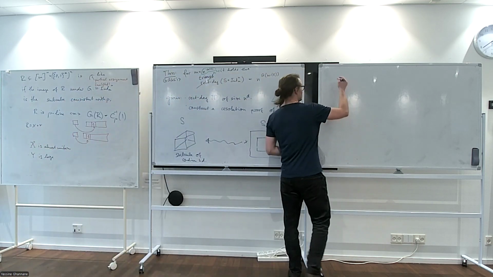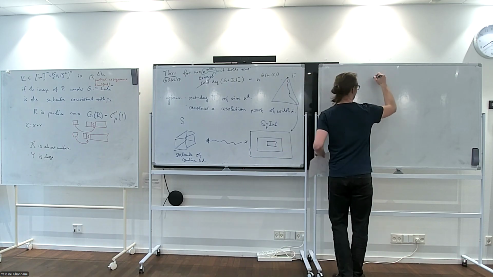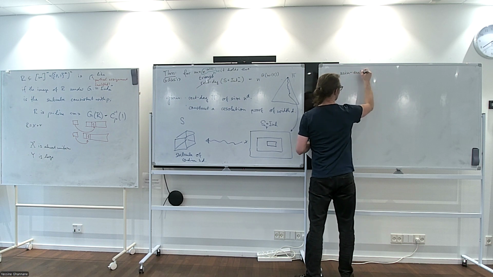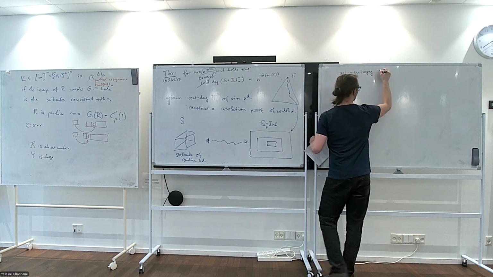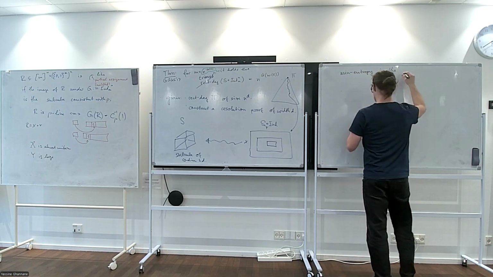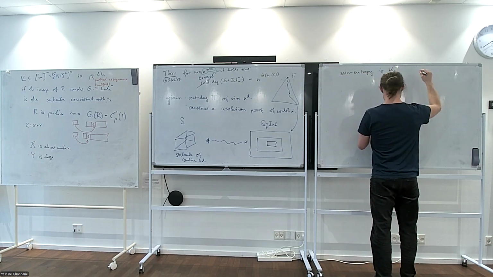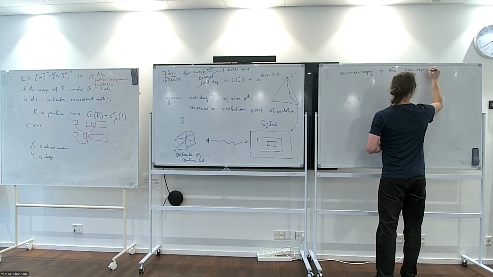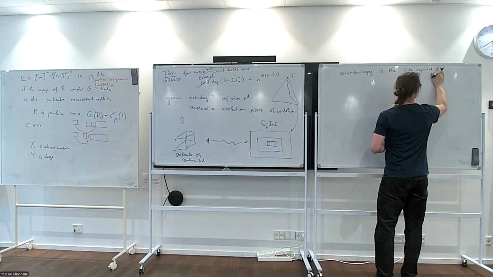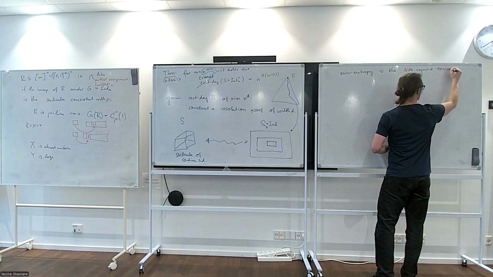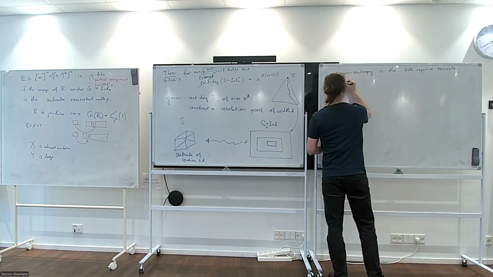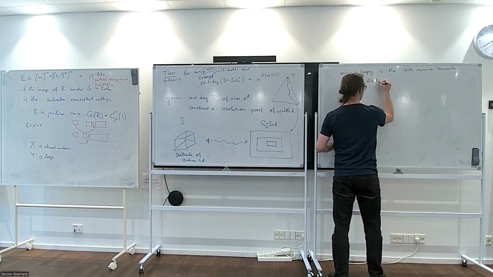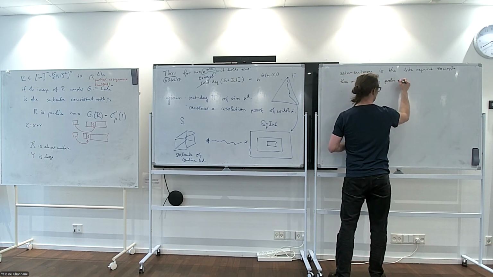So first I have to tell you what the min-entropy is. So the min-entropy of a distribution is the bits required to write down the most likely probability, the most likely probability in the distribution.